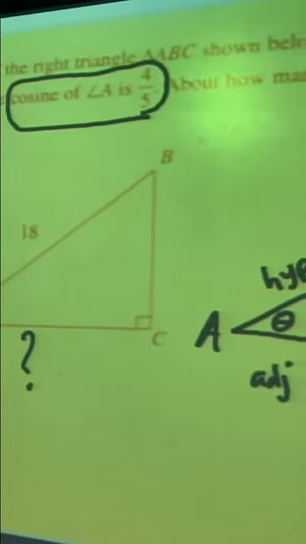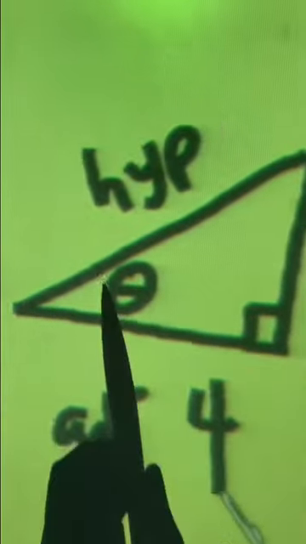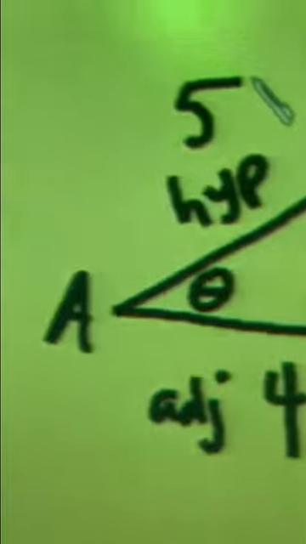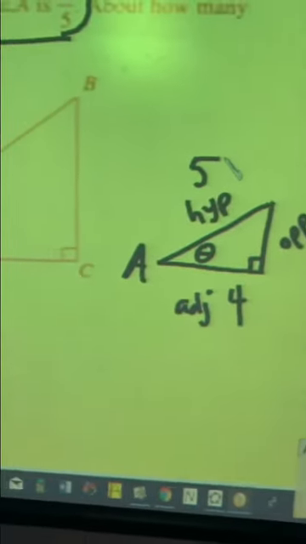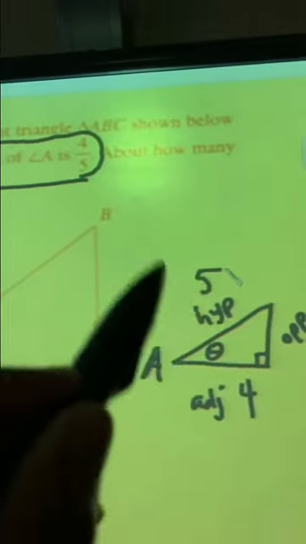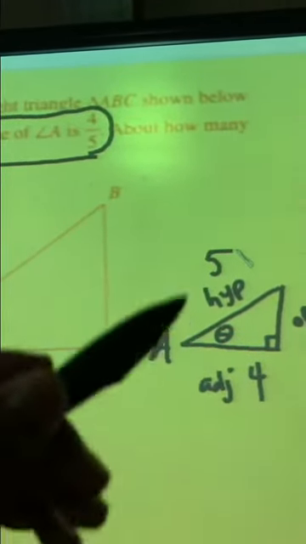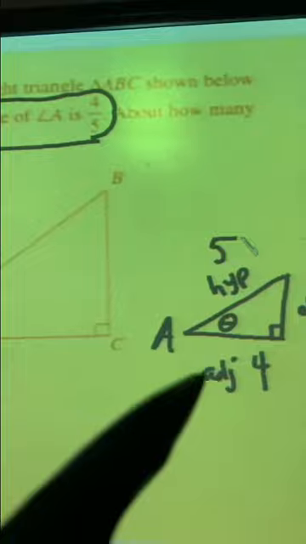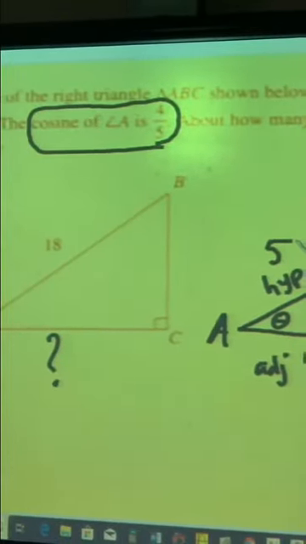So if I have a 4/5, that means my 4 is the adjacent and my hypotenuse is the 5. You get what I'm saying? So I took this text and threw it into my triangle with the correct labels, because this is how we're going to get this problem figured out.